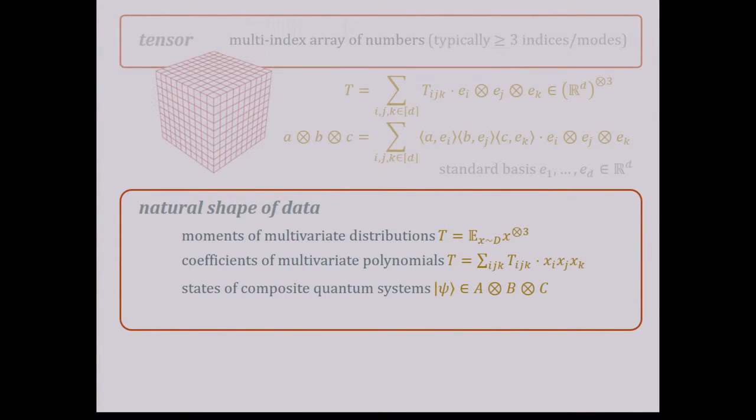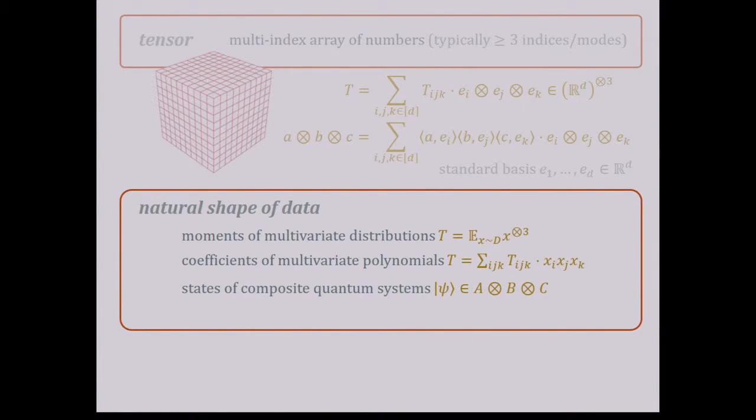Similarly, if you have a multivariate polynomial, then the coefficients of that polynomial form a tensor. Finally, if you have a quantum system composed of different parts, then each state of this quantum system lives in a tensor space over the states for the individual parts.